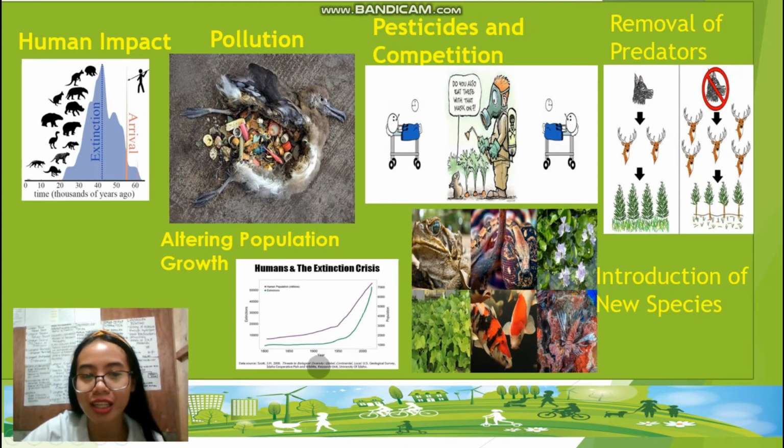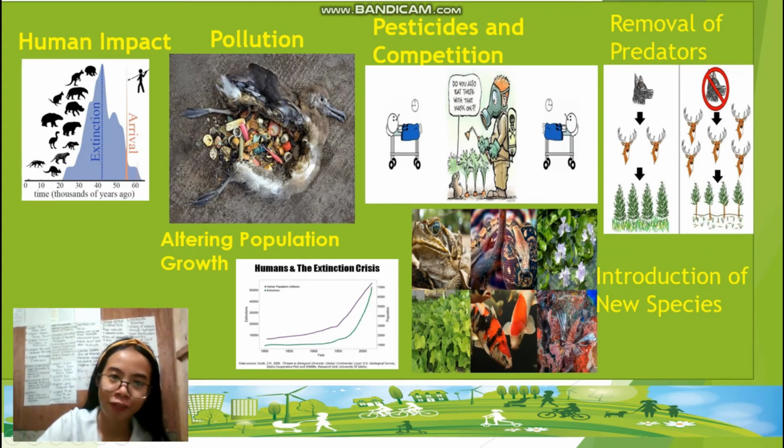Next is altering population growth. Humans can remove or alter the constraints of population size with good or bad consequences. So these are the factors affecting the population growth of the individuals of the population in that particular environment.